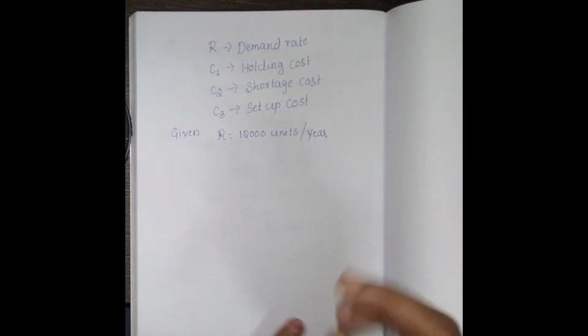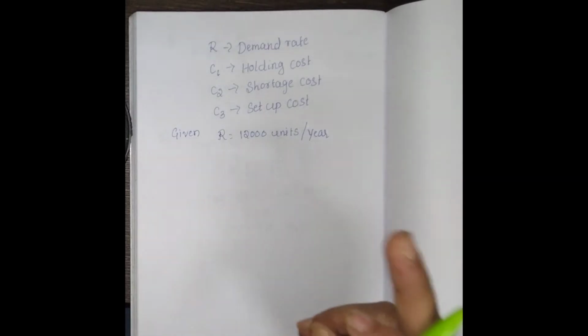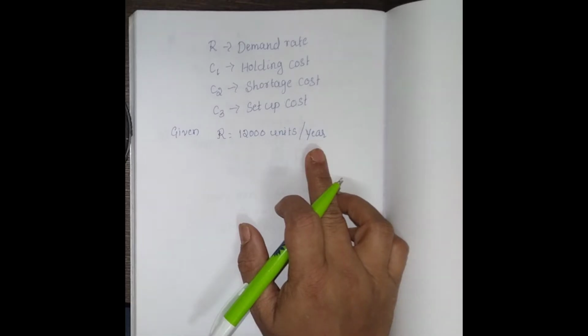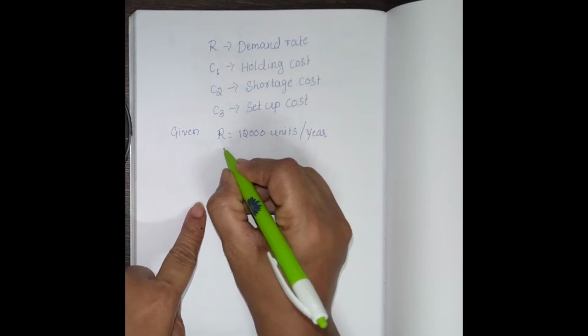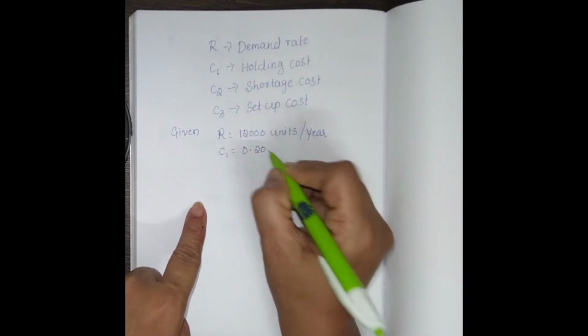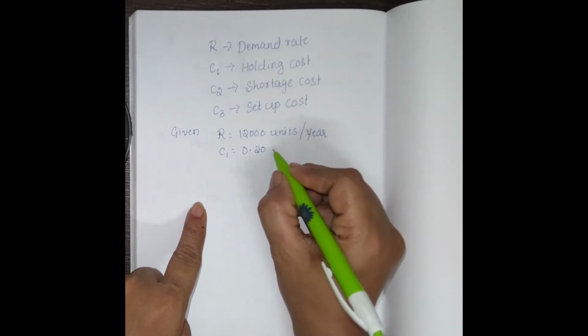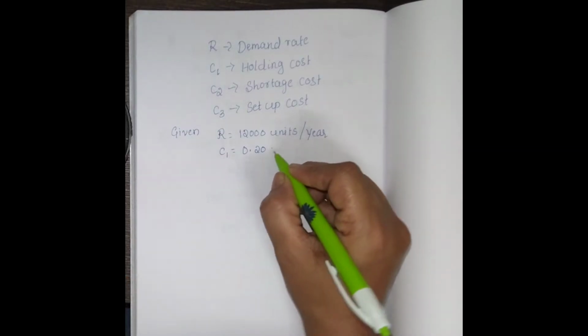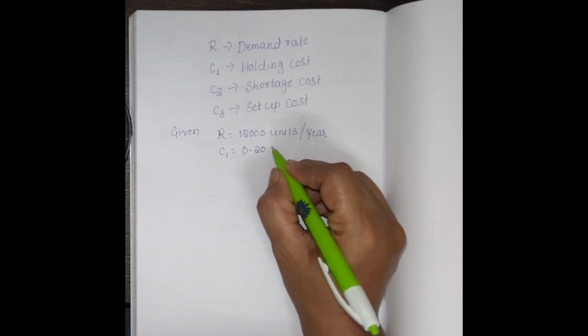Just observe what is given, per year, per month, per day, and write it first. Then the holding cost or carrying cost, C1, equals 0.20 per unit per month.